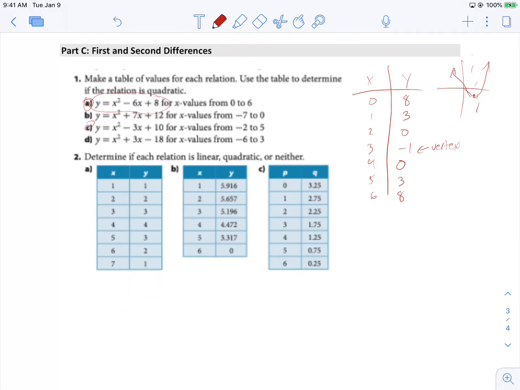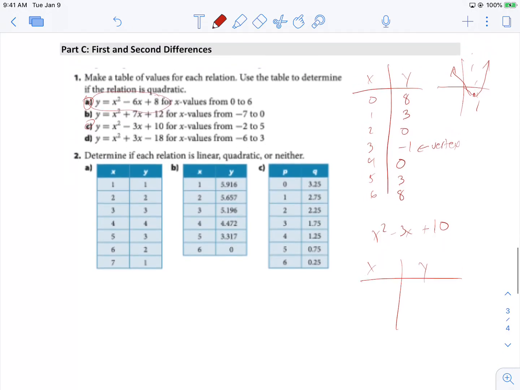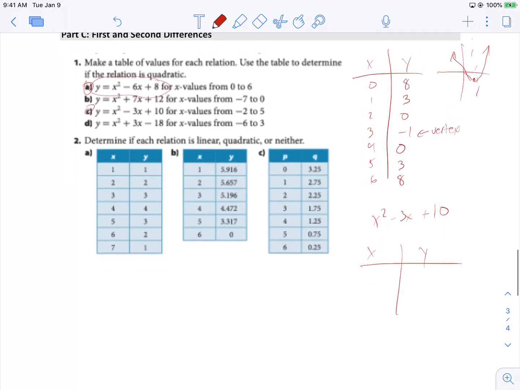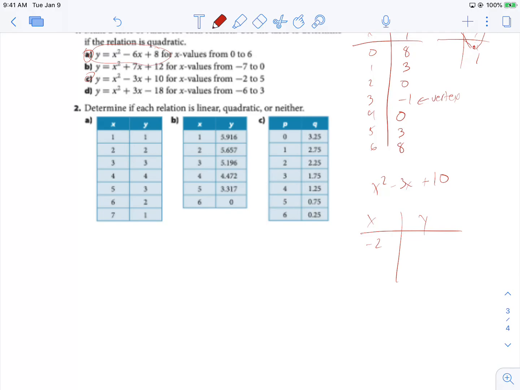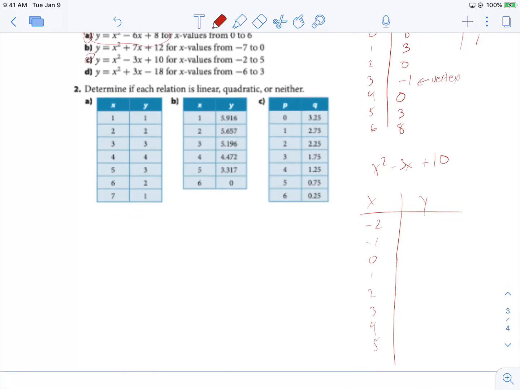Okay, for the next one, we have x squared minus 3x plus 10. We'll take a look at x and y, and we're making a table of values from negative 2 to 5. So negative 2, negative 1, 0, 1, 2, 3, 4, 5. Okay, exact same procedure as before. You're just going to put everything into this equation.